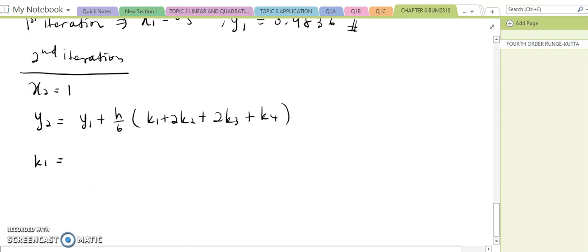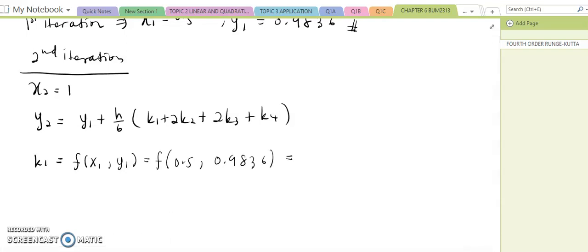f of xi yi. So it is f of x not 0, it is f of x1 because this is our second iteration. So f of x1 y1. So it is f of x1 is 0.5, y1 is 0.9836.